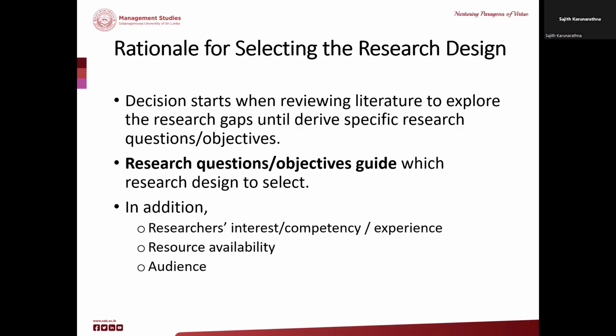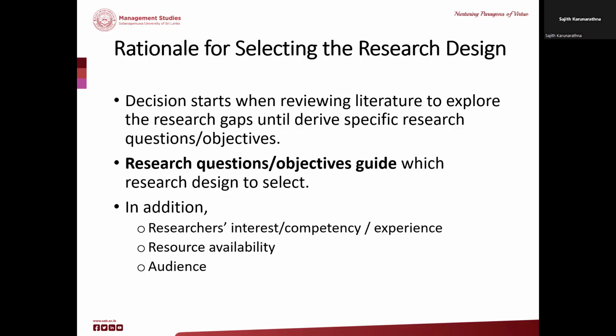In addition to that, most of the time in the real world, researchers proceed with a particular research design based on their interest. For example, if I am very conversant with correlational design, I'll change everything in accordance with the correlational design and proceed with it. If I have competencies in quantitative, I'll proceed with quantitative.